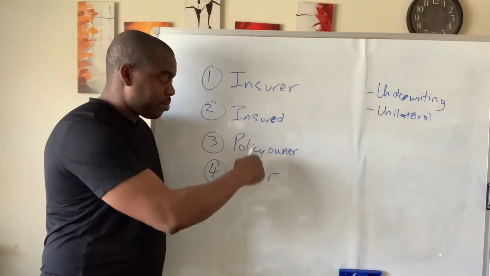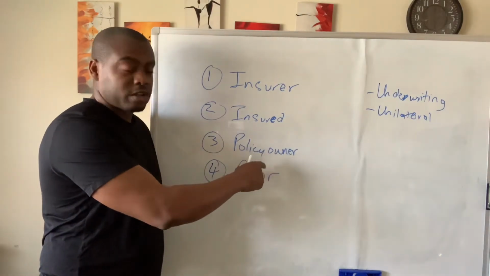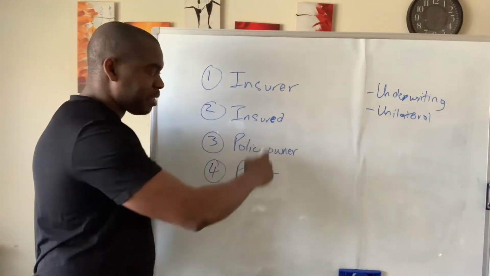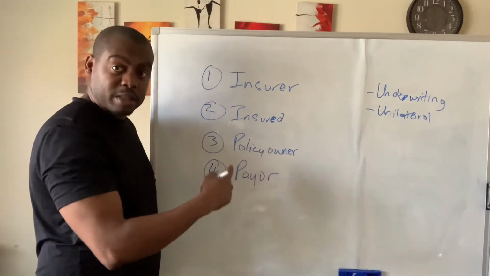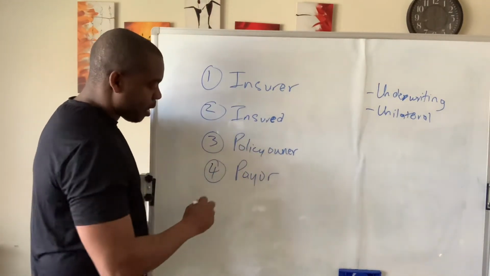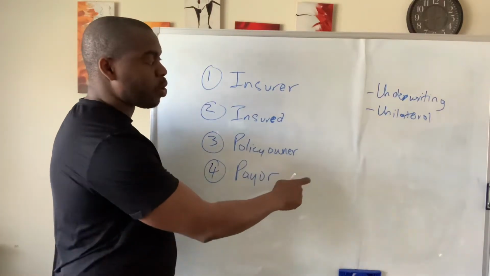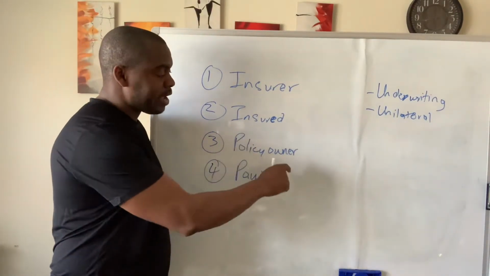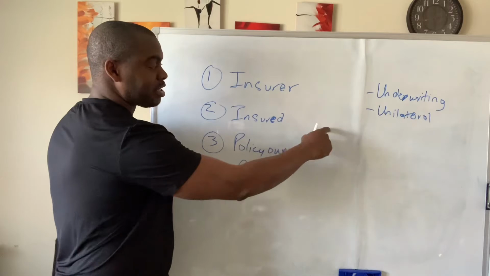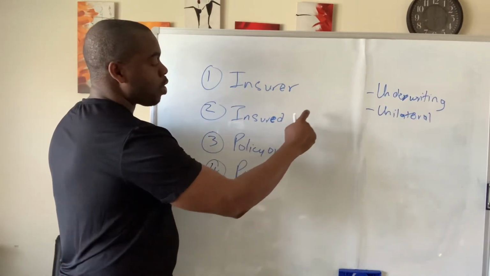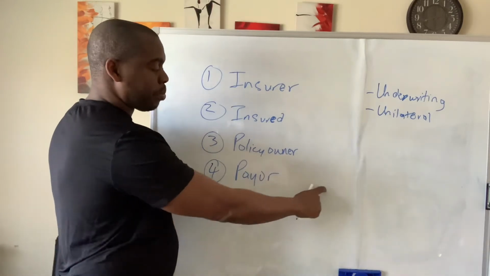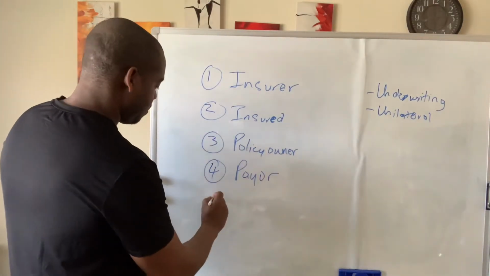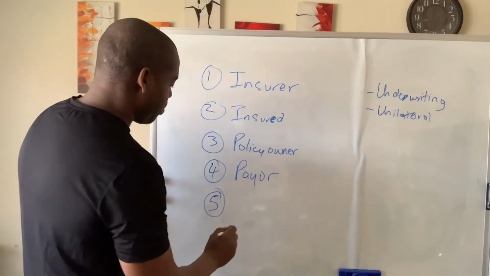Or the insured could be the payer but not the policy owner. So they don't have to be the same person, but in a lot of cases they are the same person, but not always, right? So the payer is the person that's going to pay the policy. So when taking the application, you have to say who these people are. Who is the insured, who the policy owner is, and who the payer of the policy is. That's going to pay the premium.